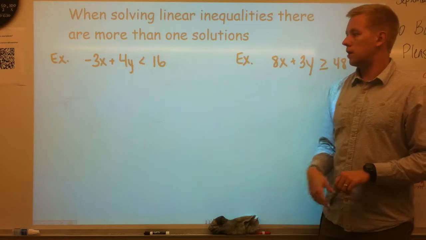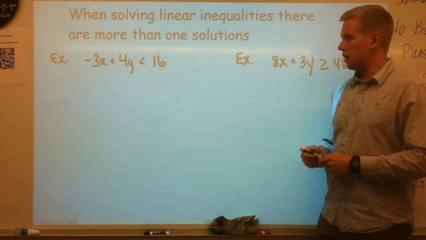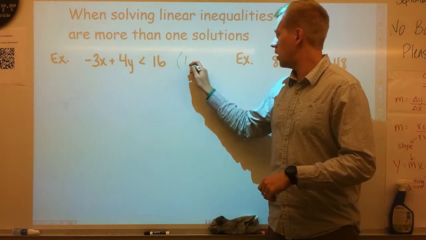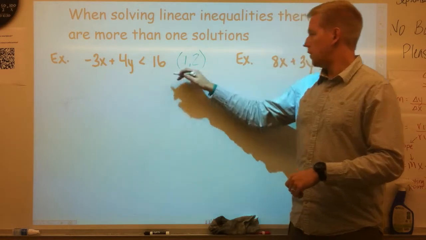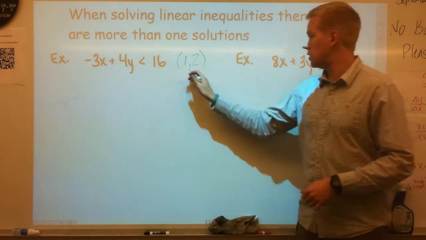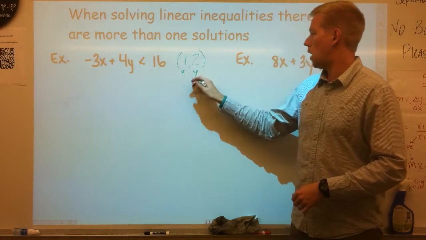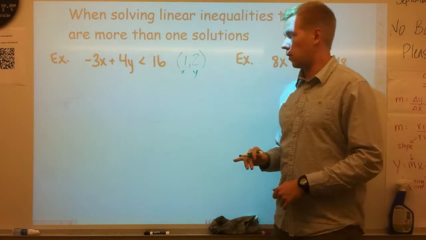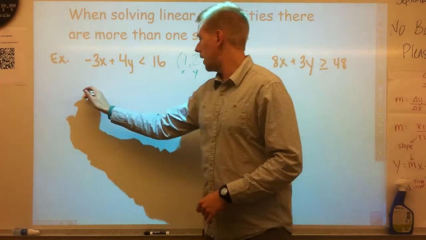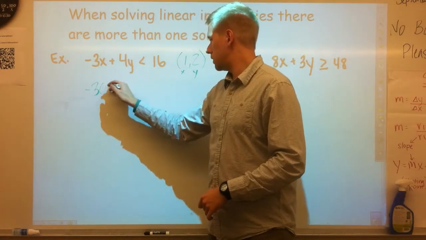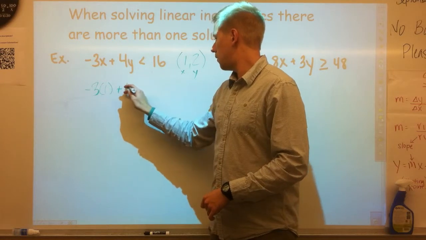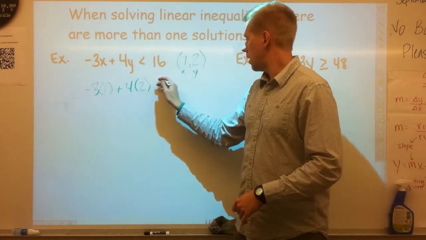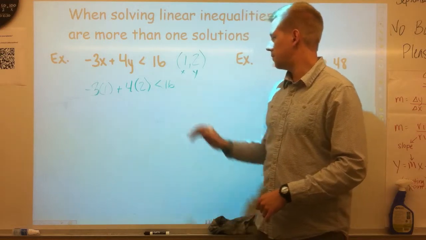So when we're talking about linear inequalities, if I want to see if a solution, or if I ordered pairs, so say I have the ordered pair 1, 2. If I want to see if that is a solution, all I do, this is my x variable, this is my y variable, I plug these in to see if this satisfies the inequality. So if I have 1 for my x, I'm just going to plug it in by showing parentheses here, plus 4 times my y value is 2, less than 16.